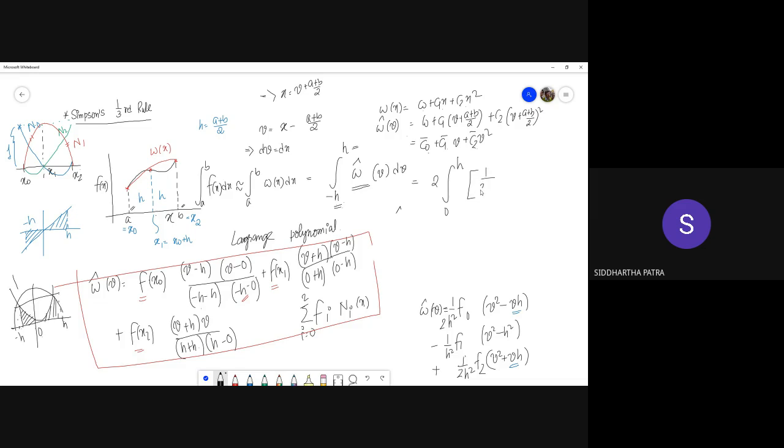1 by twice h squared f0 times v squared minus 1 by h squared f1 times v squared minus h squared. This h squared is again like this rectangle over there, it's a constant term. So that is also an even function, plus 1 by twice h squared f2 times v squared dv.